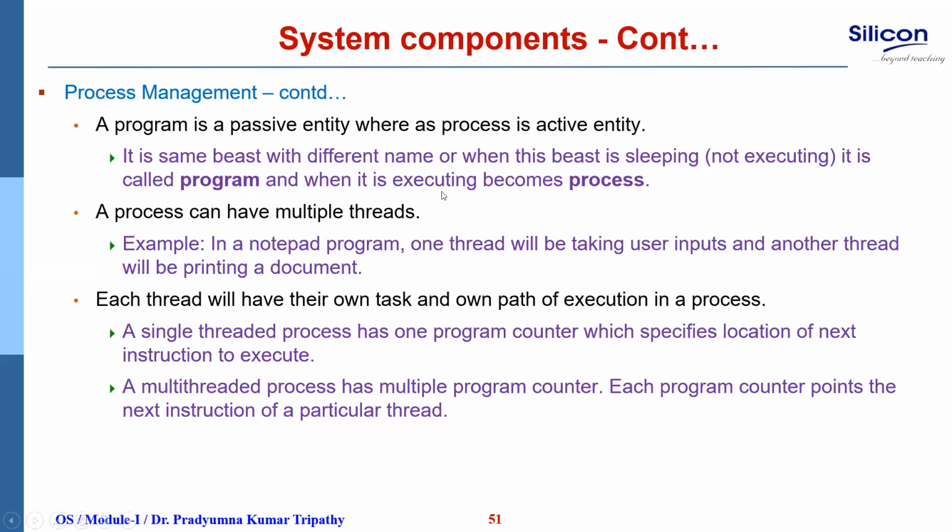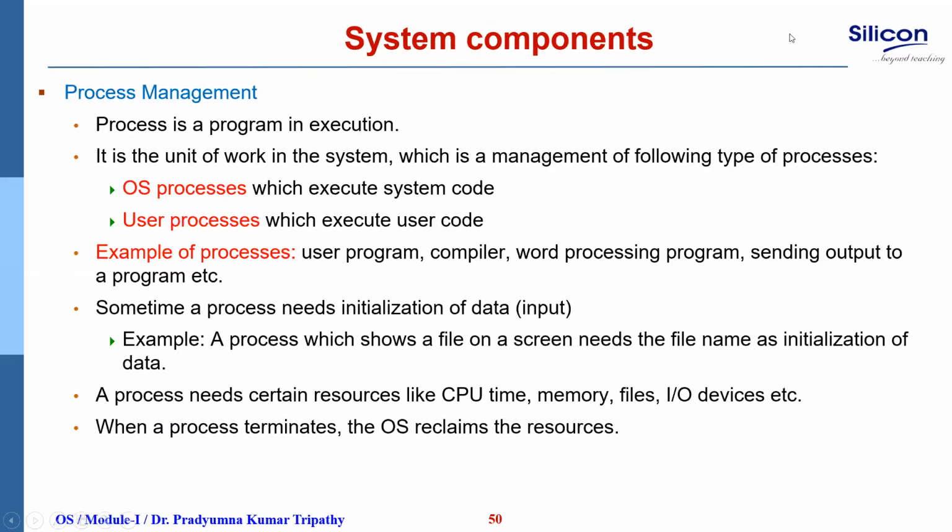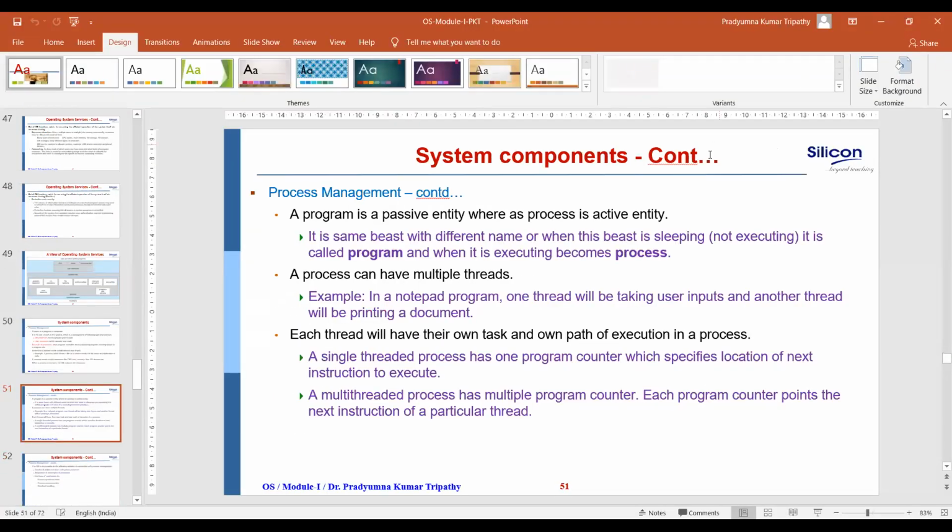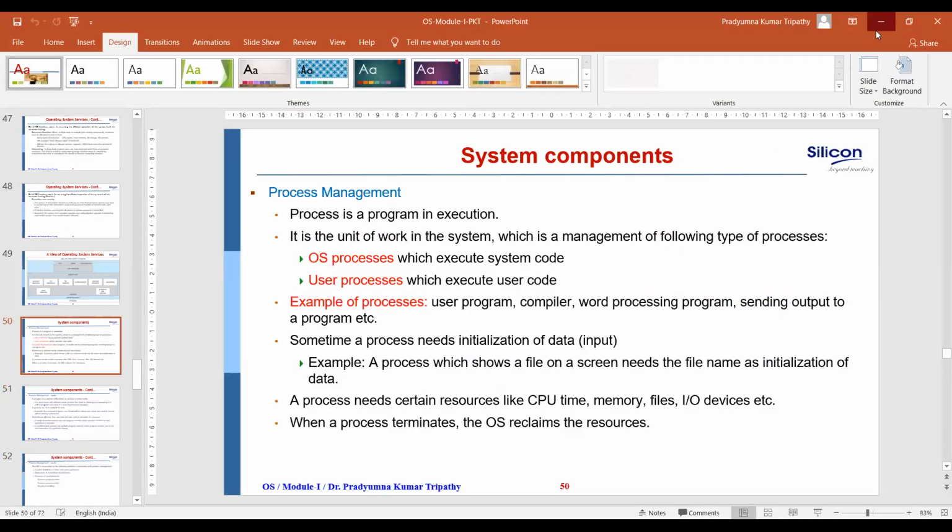For example, let me show you. When you press Alt Control Delete, it takes you to the Task Manager. You will see that these apps are your user processes, and these are your background processes. Can you see these background processes?